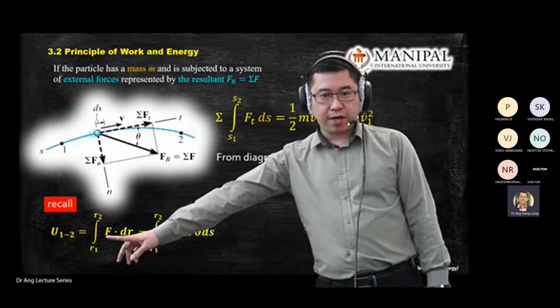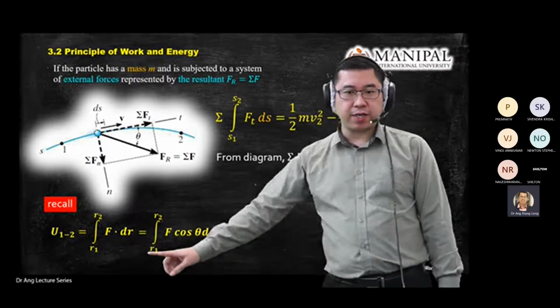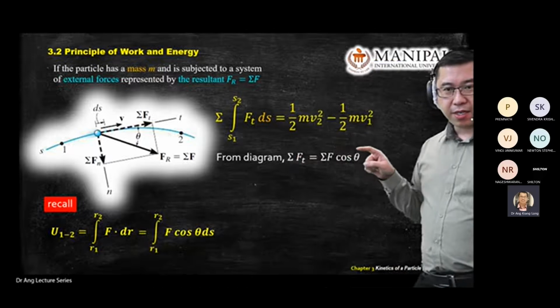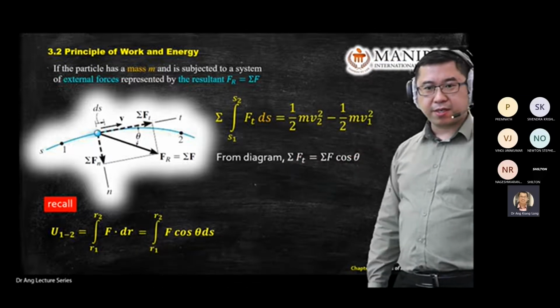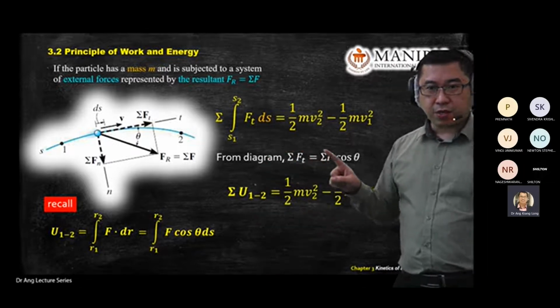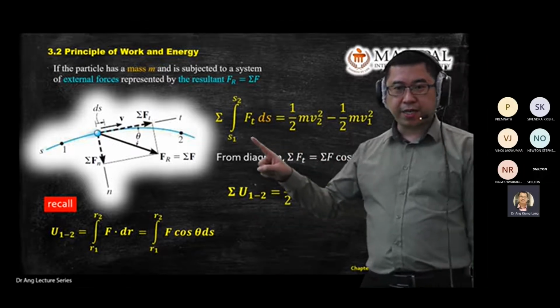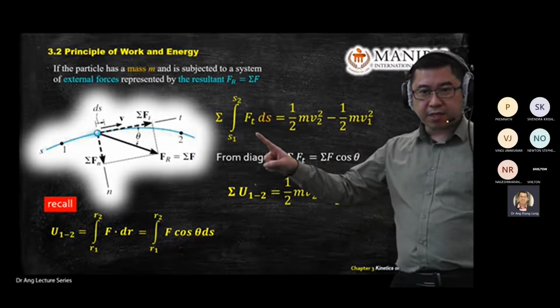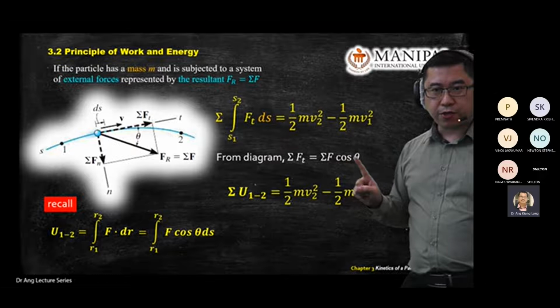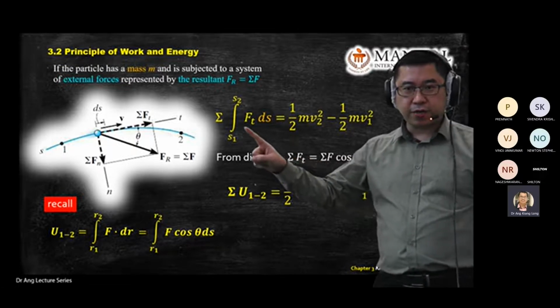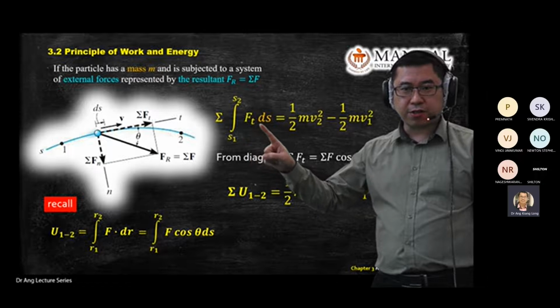So when you recall this equation that you learned previously and compare with this equation, you substitute this one inside here. You substitute Ft equal to force cos theta, this component, inside here. You get the integration of force cos theta ds.